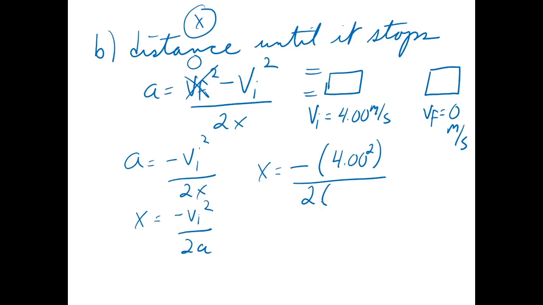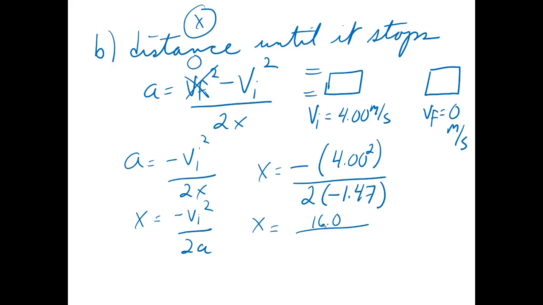The acceleration is not gravity. This object, the hockey puck, it's not falling. We don't want hockey pucks to go in the air. We want them to stay on the ice. But we calculated that this is negative 1.47 meters per second squared. So we can see that the negatives are going to cancel.